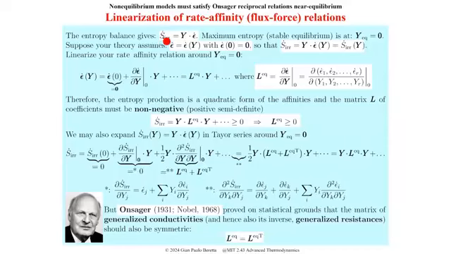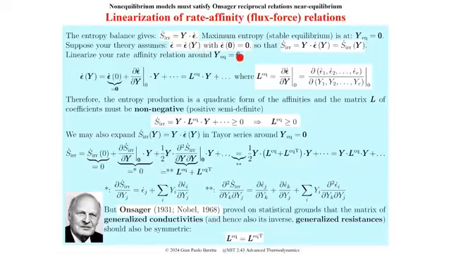Okay, we also know that at maximum entropy, which is stable chemical equilibrium, the affinities must be equal to 0. And now suppose that we want to develop a theory in which the rates are functions of the affinities and nothing else, or maybe some other parameters that can be kept constant while you change the affinities.